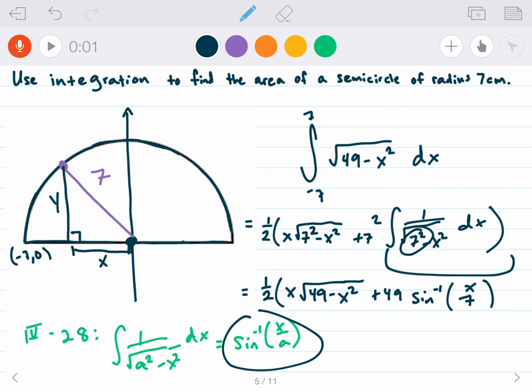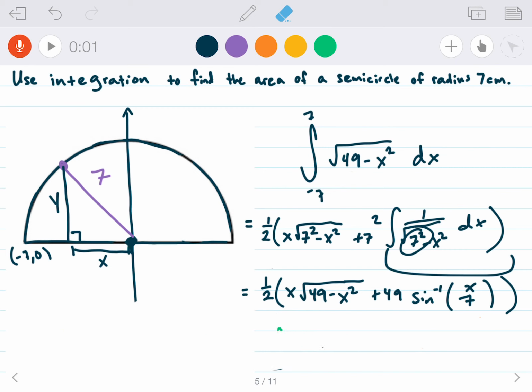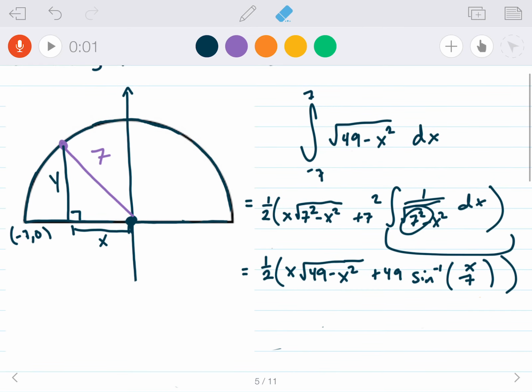All right, great. And now we can evaluate at our bounds. Again, I'm going to erase this so it's a little bit cleaner. So I'm going from -7 to 7. So let's put that in here.